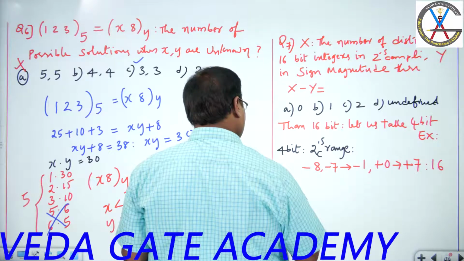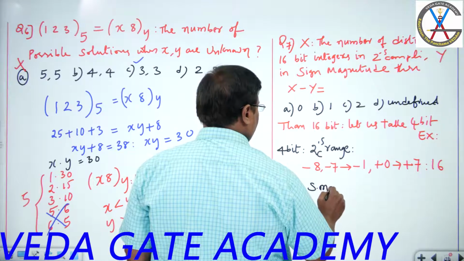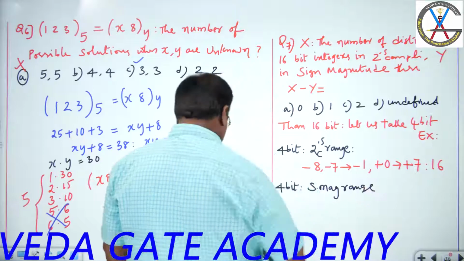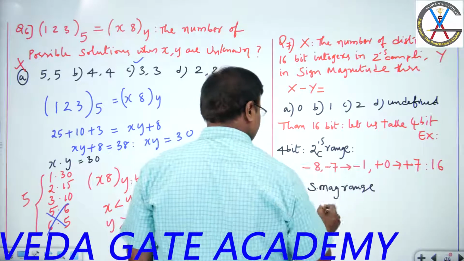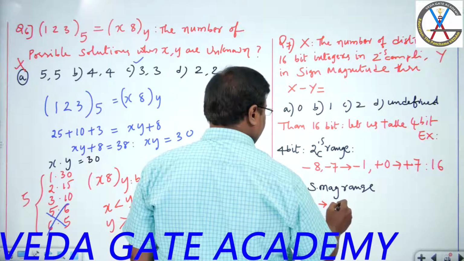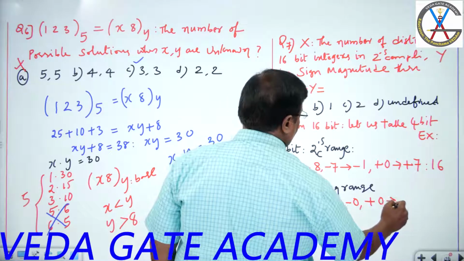And now sign magnitude, I'm sorry. 4-bit sign magnitude range: minus 7 to minus 0, comma plus 0 to plus 7.